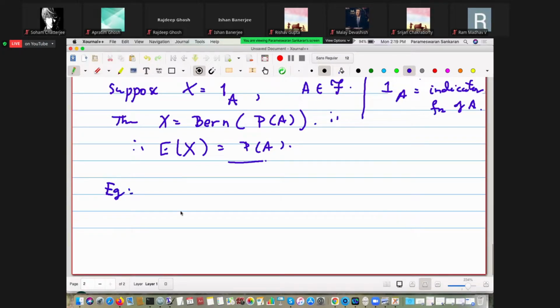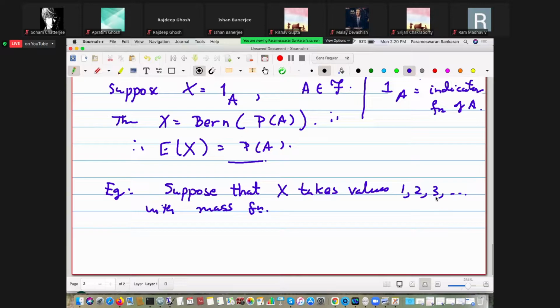So, example. Suppose that x is a random variable, x takes values 1, 2, 3, and so on, with mass function f of k.